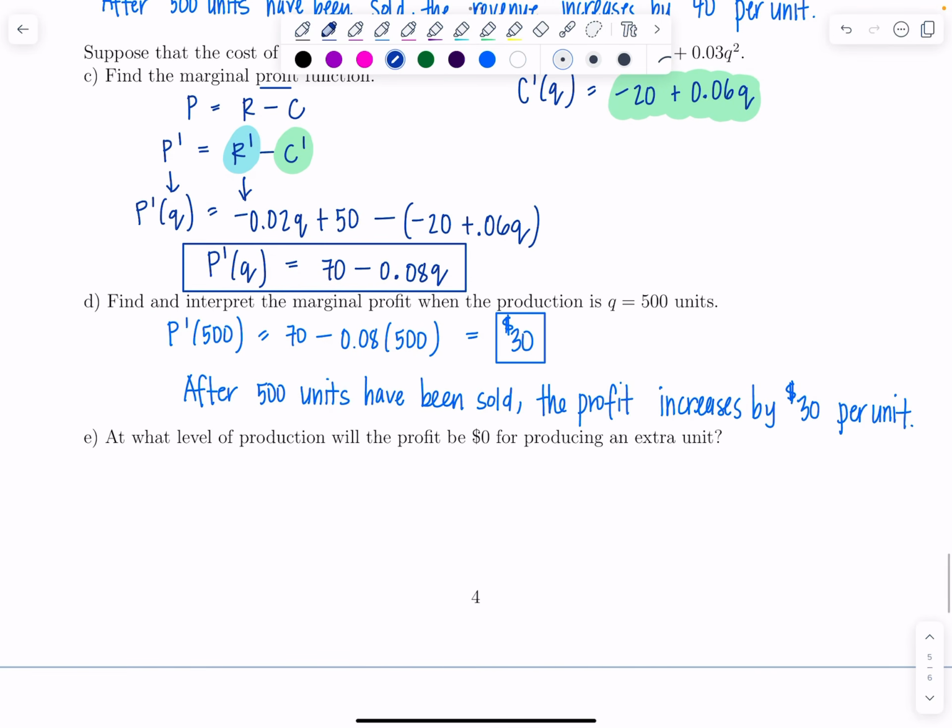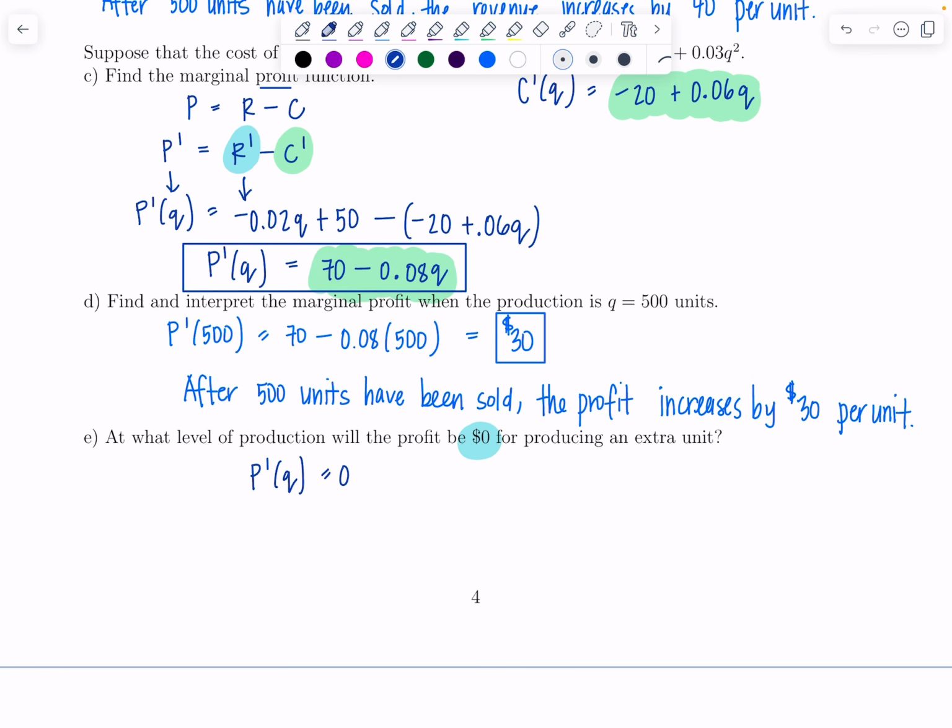At what level of production will the profit be $0 for producing an extra unit? So what they want to know is, when will the marginal profit be $0? So I'm going to set P prime of Q equal to 0 and solve. So P prime of Q, where are you? Up here.